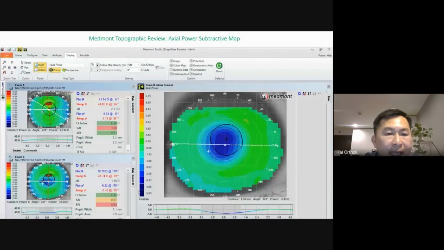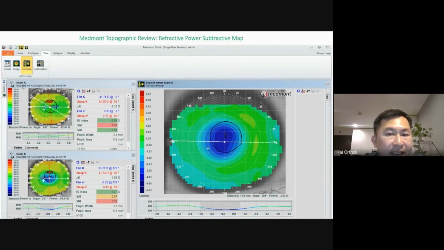For example, we can have the minus subtractive map on the axial power and see how the lens corrected on the eye. We can see the refractive power, and see some areas are very deeply refractive and other areas are less refractive, to troubleshoot the lens more effectively in the portion that needs more refraction, which is the central cornea.